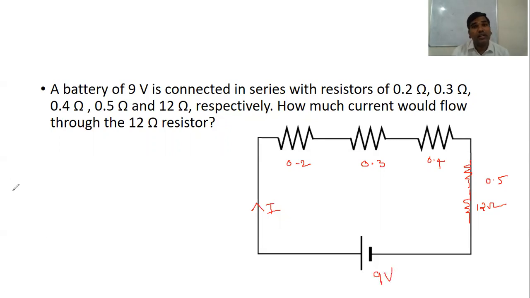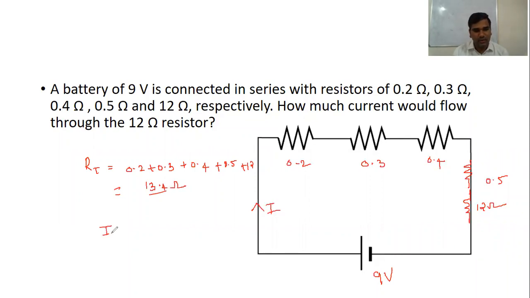First find the total resistance. Total resistance RT is equal to 0.2 plus 0.3 plus 0.4 plus 0.5 plus 12. When we add 0.2 plus 0.3, that is 0.5, and 0.5 more, that is 1, 12 plus 1, 13, 13.4 ohm is the total resistance.